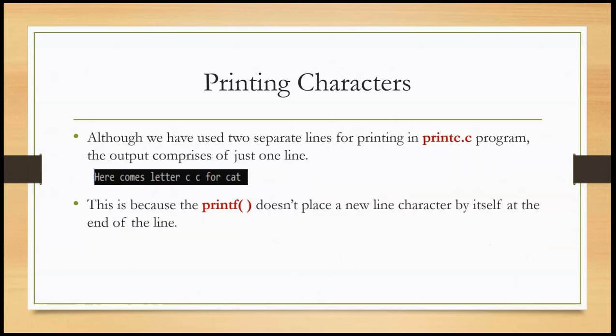Although we have used two separate lines for printing in the printc.c program, the output comprises of just one line. Here comes letter C, C for cat. This is because the printf function doesn't place a new line character by itself at the end of the line.